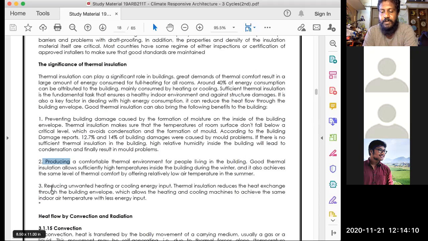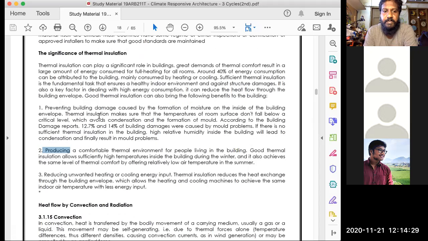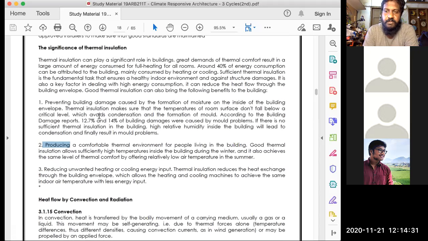Understanding climate is one important factor. We have to understand which part of the building gets heated up at what time. So in those sites, we try to avoid giving openings. Even if we give openings, we design an appropriate shading device to prevent any heat gain. So these are the three primary significances of thermal insulation.